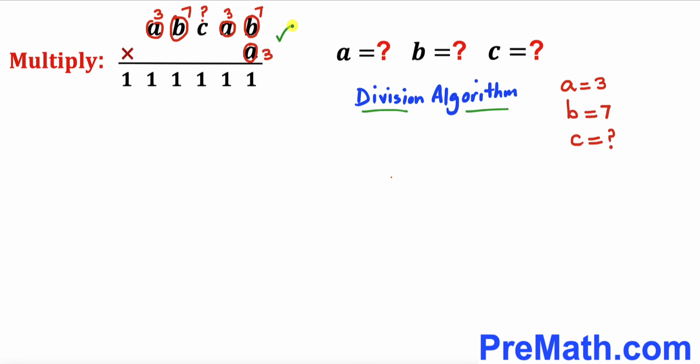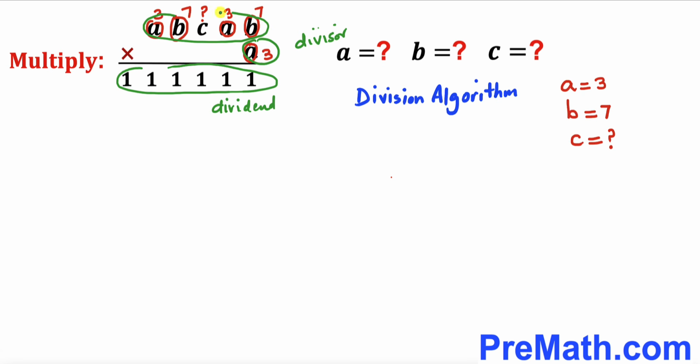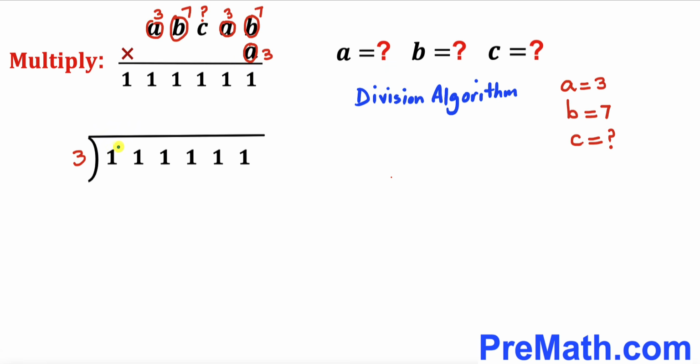Here 111,111 is our dividend, 3 is our divisor, and this whole 5-digit number is our quotient.